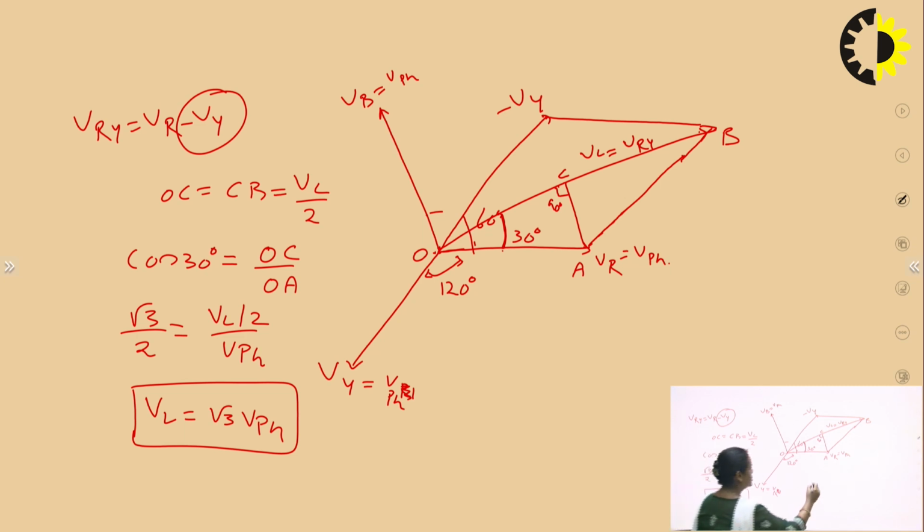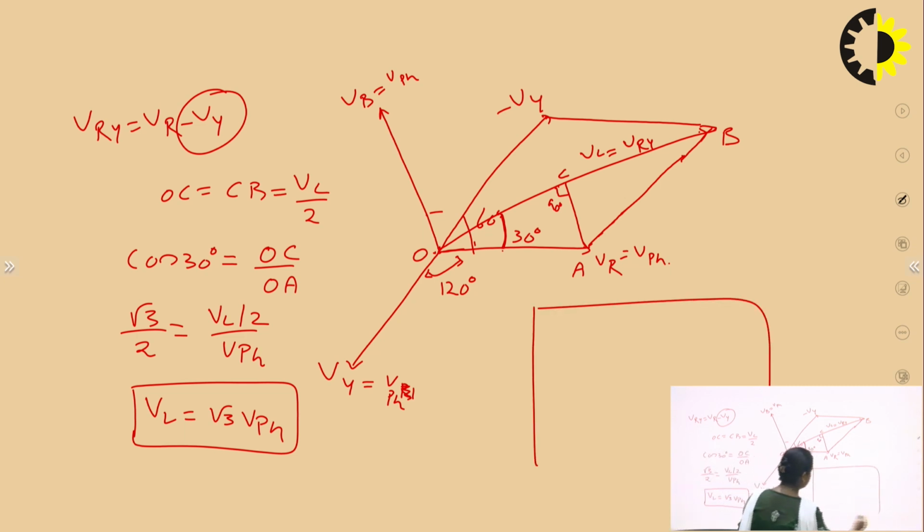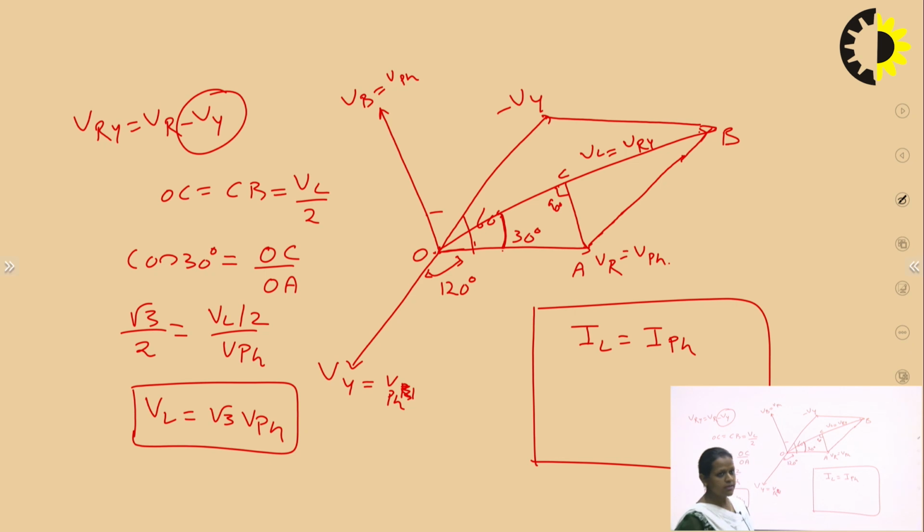For star connection, we got that line current is equal to phase current, which we can see from the diagram itself. Then VL is equal to root 3 VPH. This is our relation for the star connected load.